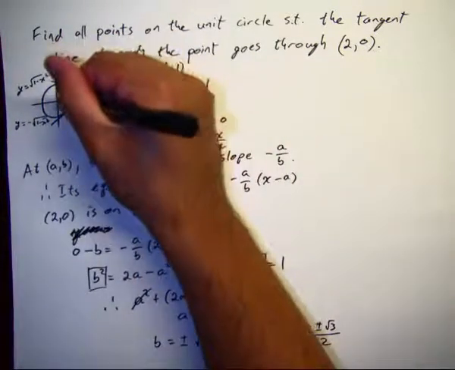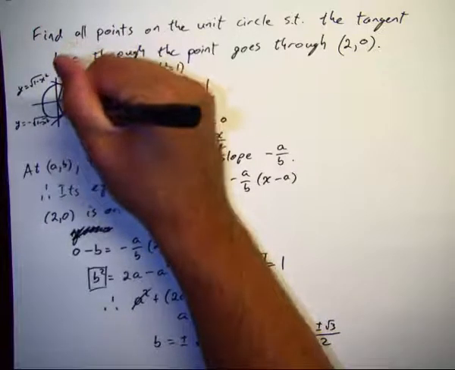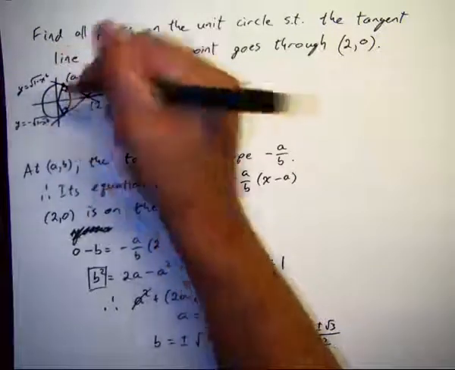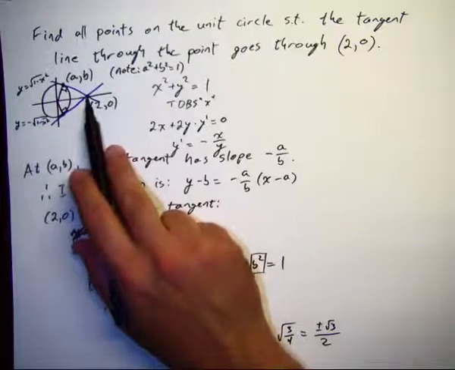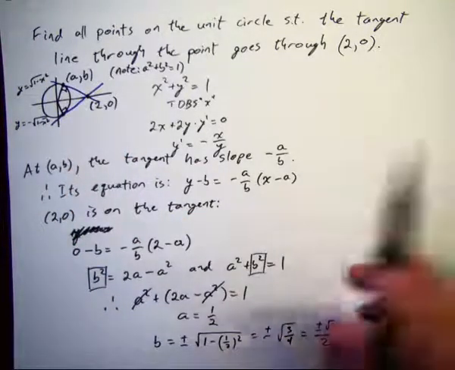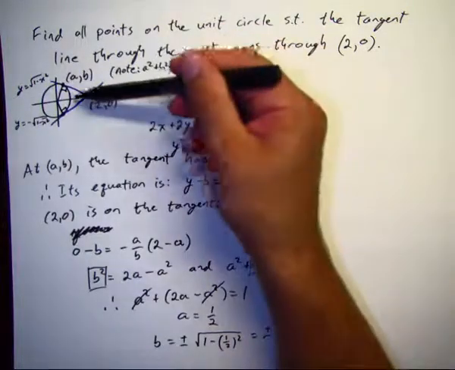And so our points over here at 60 degrees and at negative 60 degrees, those places, the 90-degree angles are going to give us our tangent lines, and those are going to meet right there at (2, 0). Some of the things geometrically are obvious, some of them are not.